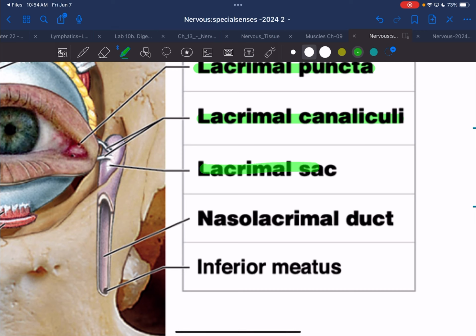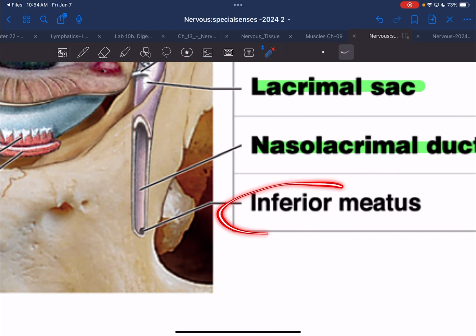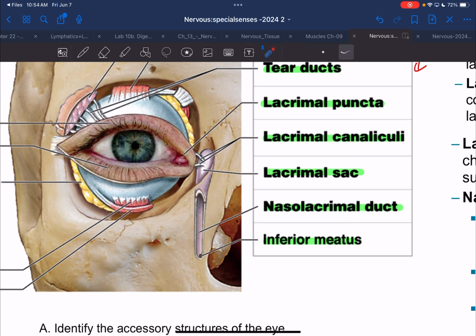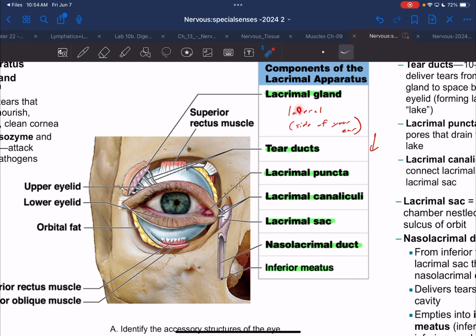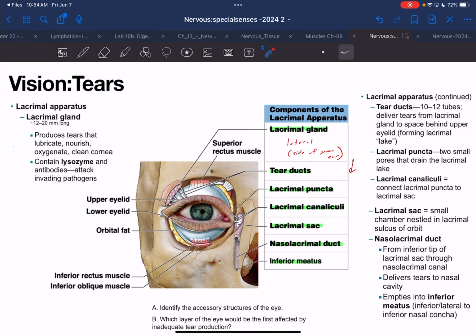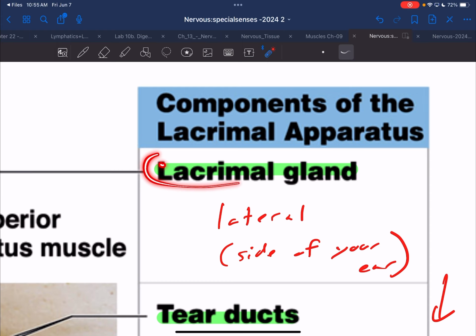They go into the lacrimal sac, and then they empty into your nose through the nasolacrimal duct. Those tears are drained into the inferior meatus of your nasal cavity. That's why your nose drips tears when you cry, because the tears make their way into the nasal cavity. Just know this order, that's good enough for this page. And tears are produced in the lacrimal gland.